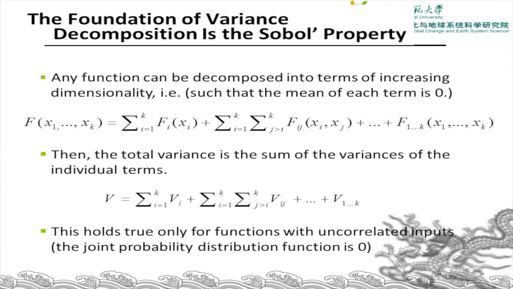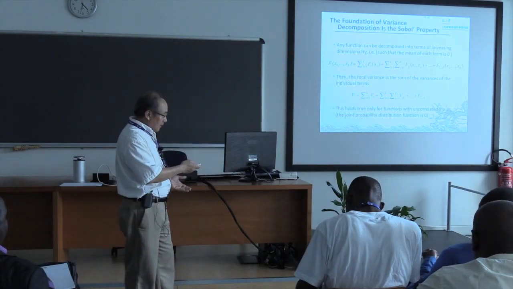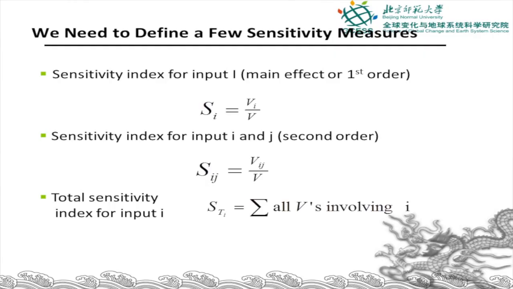If you can break down the function in this form, then you can compute the variance for each of those terms. The total variance is the sum of all those different variances. The Sobol approach has a shortcut to estimate the total variance and then the first order variance.